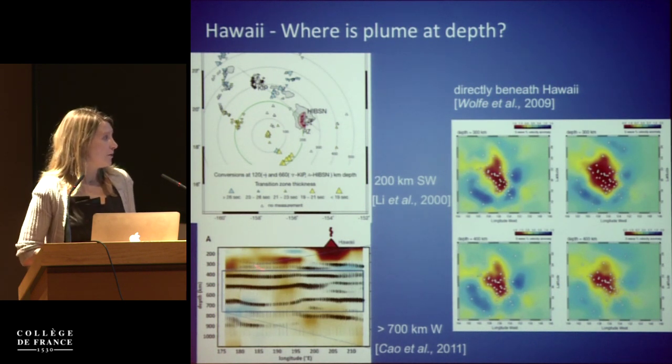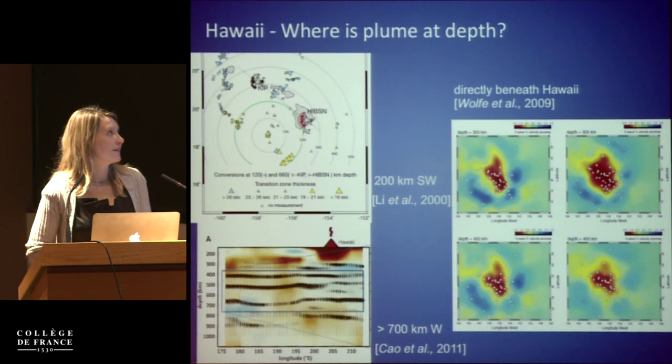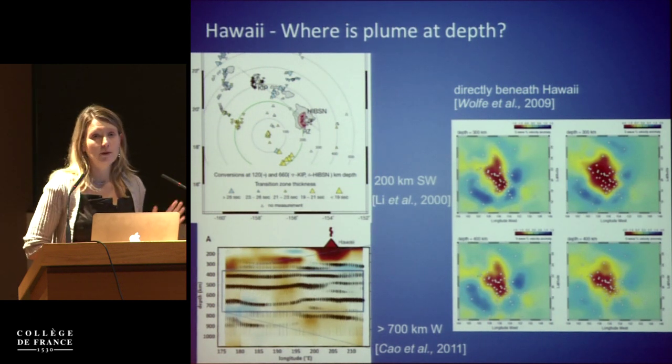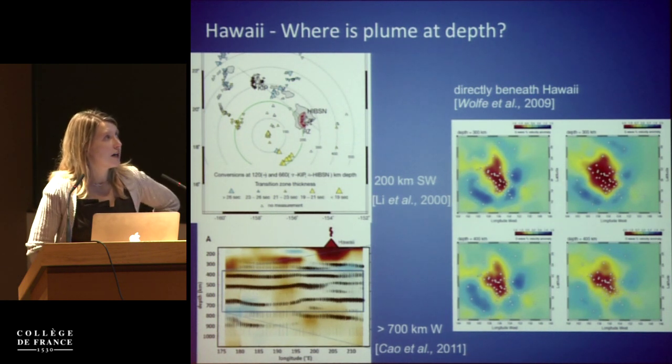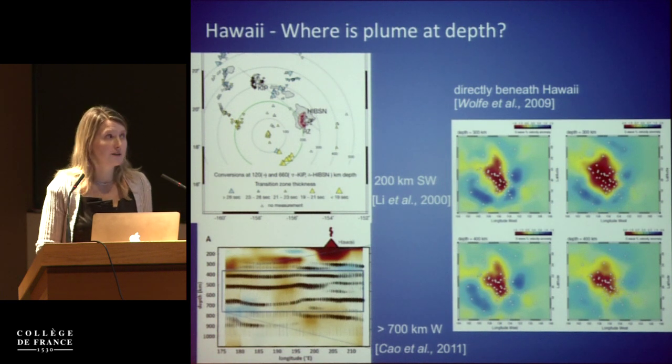An alternative is that it's actually located about 700 kilometers away before reaching the island. And so it's possible that the plume is approaching from a westward approach. The other possibility is that the plume is located exactly beneath the island, as has been suggested by recent body wave tomography.